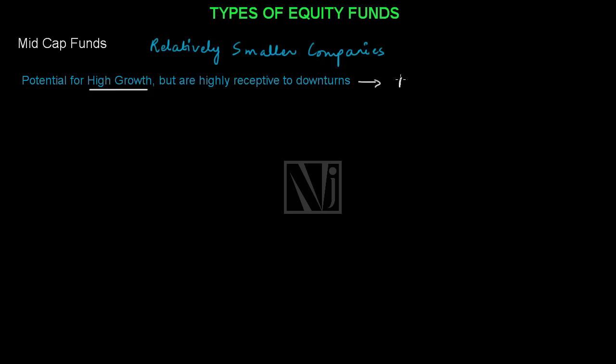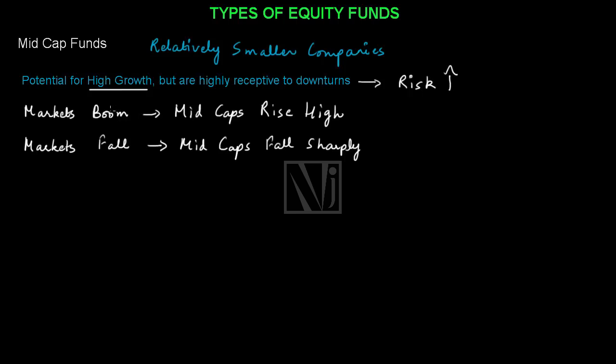This means that the risk factor in mid-cap stocks is also high. So this implies when the markets are booming, mid-caps tend to rise higher than the large-cap stocks. And the other way around, when the markets are falling, mid-caps are prone to a sharper fall than their large-cap counterparts.